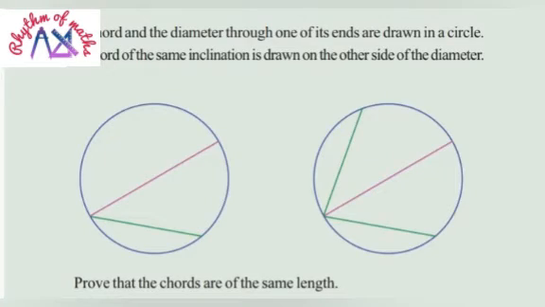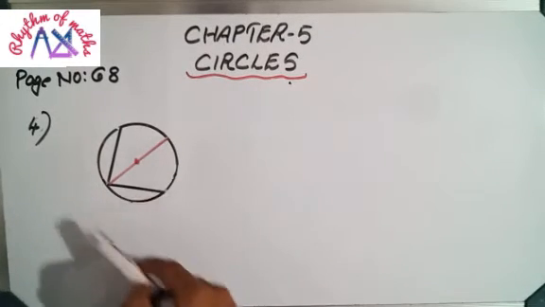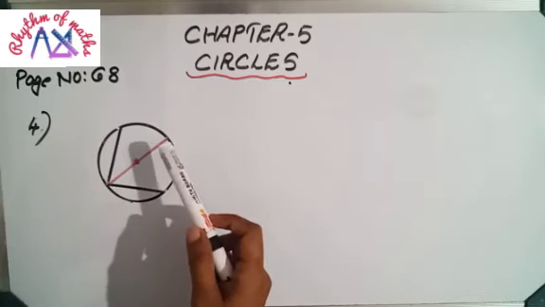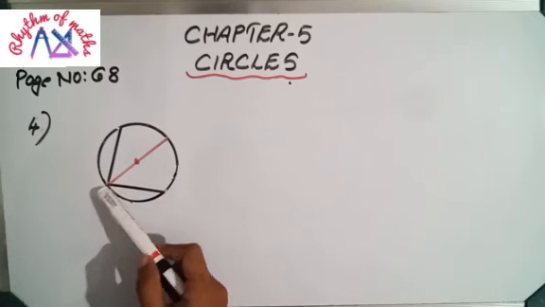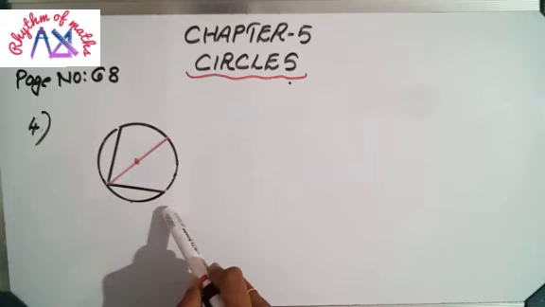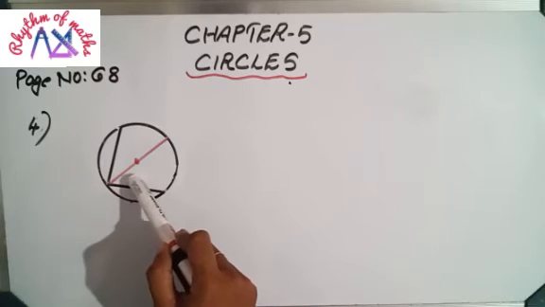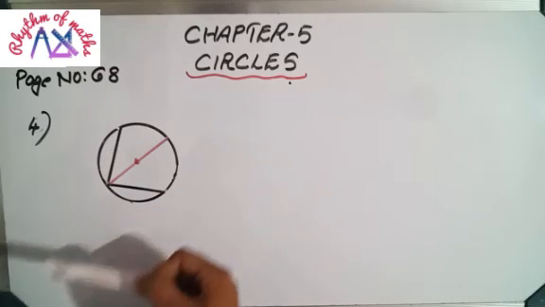Next, question number 4. A chord and the diameter through one of its ends are drawn in a circle. A chord of the same inclination is drawn on the other side of the diameter. Prove that the chords are of the same length. In this question also we have a circle and a diameter. From the end of the diameter one chord is given, and with the same inclination on the other side one more chord.